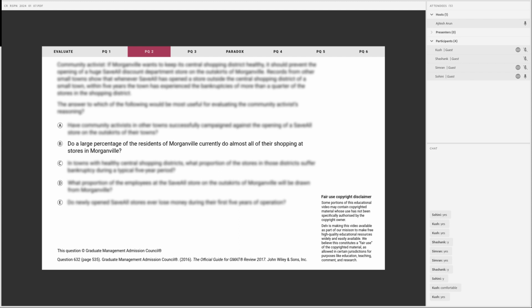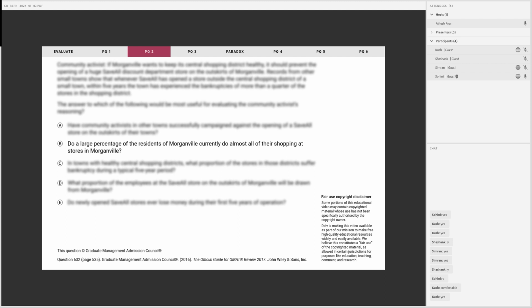Ajitesh, I want to add something for B. What is coming to my mind looking at this option is that even if a large percentage of the residents of Morganville may be shopping at the stores, it doesn't tell us what proportion of the total customers of the stores these residents constitute.